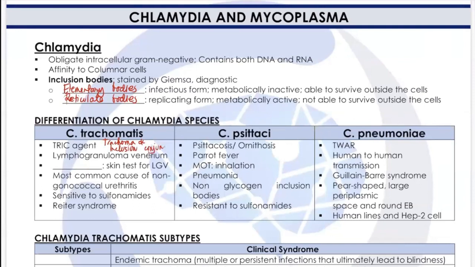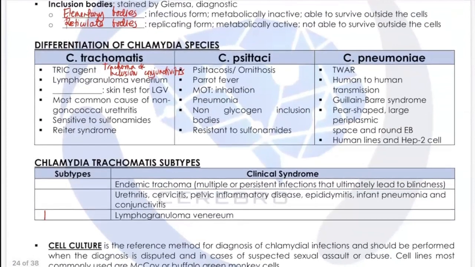Also, this is the causative agent of lymphogranuloma venereum, specifically yung kanyang L1, L2, and L3 subtypes. Yan yung nagkukos ng lymphogranuloma venereum. And for the trachoma naman, usually that is caused by the A, the B, the BA, and the C subtypes. Whereas the conjunctivitis is oftentimes caused by subtypes D to K.